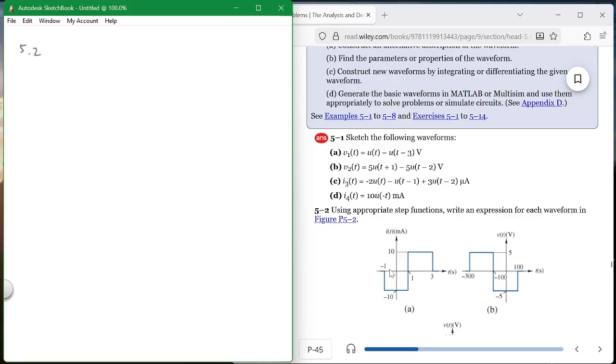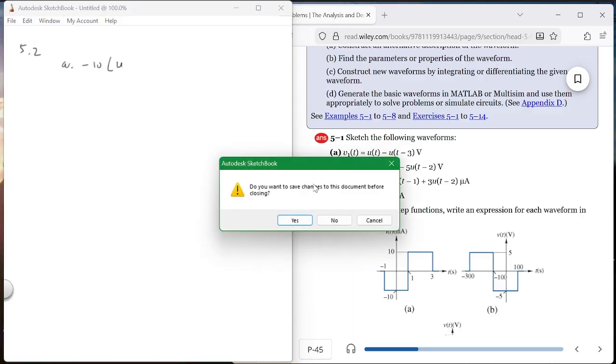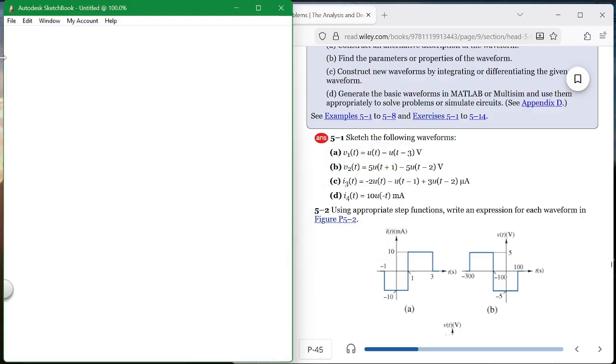So what does it do at t plus 1? Okay, so this is A. It goes minus 10 at u, excuse me. So 5.2, I got to get this right. Minus 10 t plus 1.